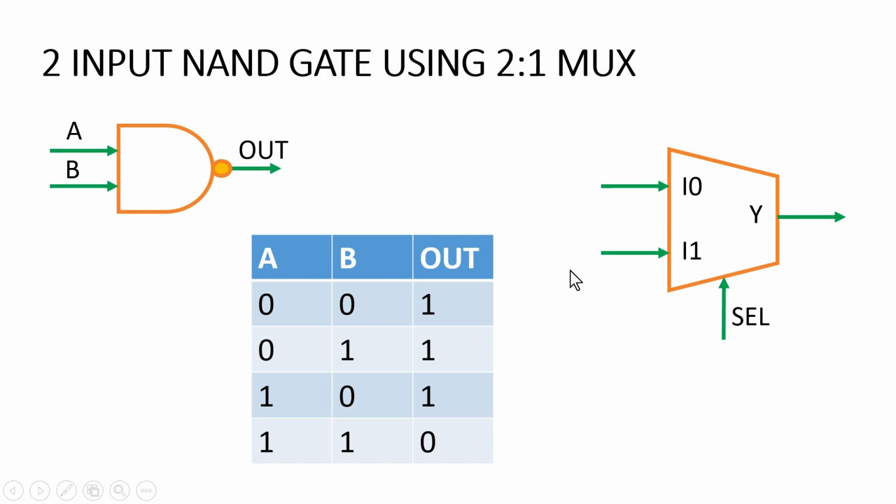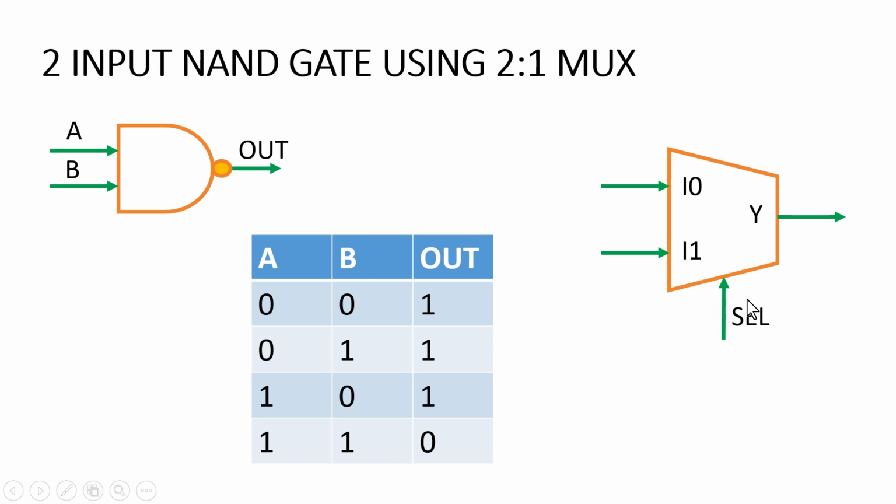Friends, I told you that I am going to generalize the method so that you can implement any combination logic with the help of multiplexer. So in the very first step, you have to identify how many select lines are there in the multiplexer that you have chosen for the implementation. In this case, we have chosen a 2:1 multiplexer and it has only one select line.